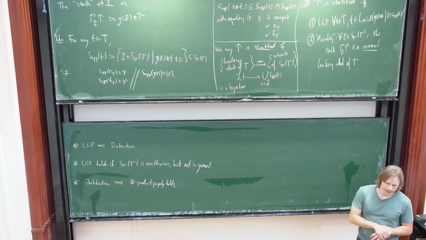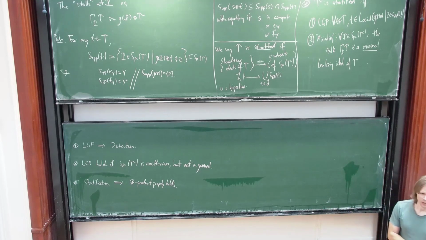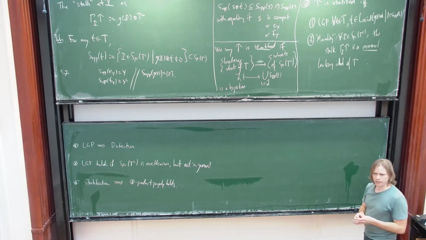When you're classifying localizing ideals, what you're really doing is looking at the objects that you can generate using the tensor triangulated structure and arbitrary coproducts. You could choose other things. You could consider the objects that you can generate using the tensor triangulated structure and arbitrary products, for example. There are other choices one could make.